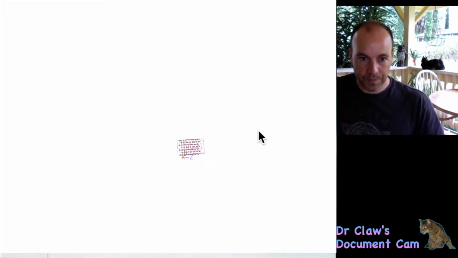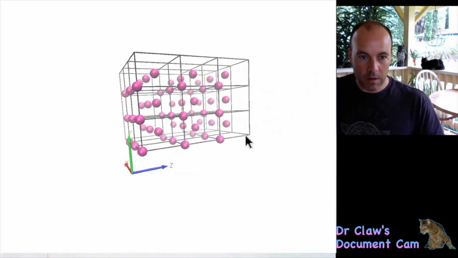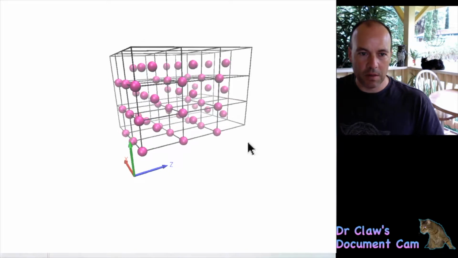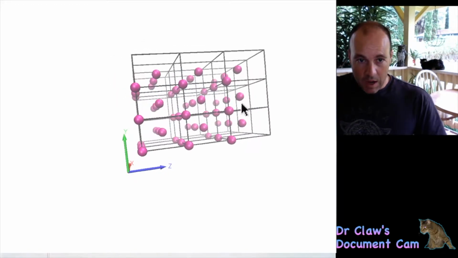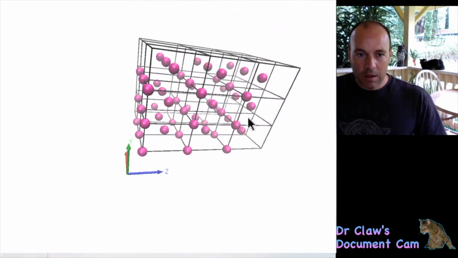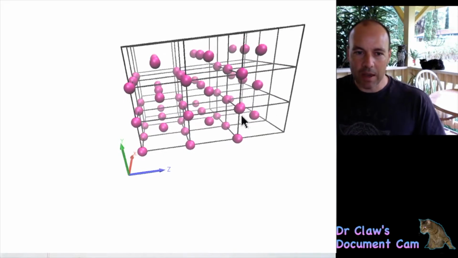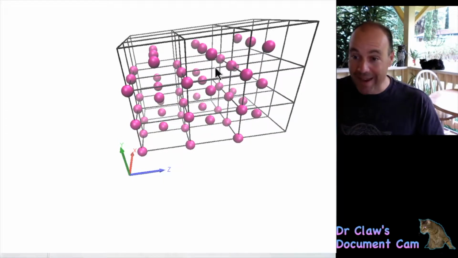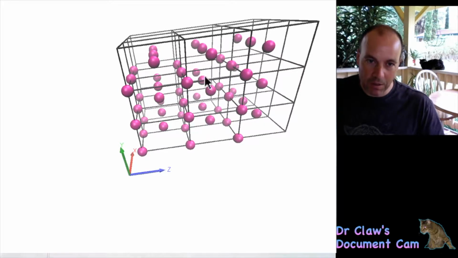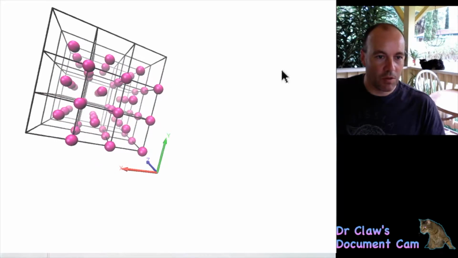Now, this is 27 unit cells, 3 in all directions, and all of these atoms have similar environments. So let's focus on the exact middle unit cell: 2 in this direction, 2 in that direction, and 2 in the other direction. So the central unit cell.